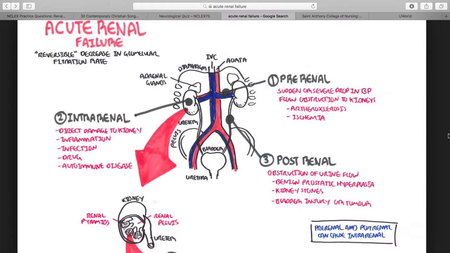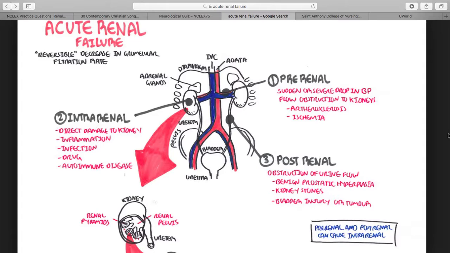For intrarenal failure, the causes are ischemia or acute tubular necrosis. So within the tubules, you have no perfusion or no flow of oxygen, causing ischemia or cytotoxic effects.